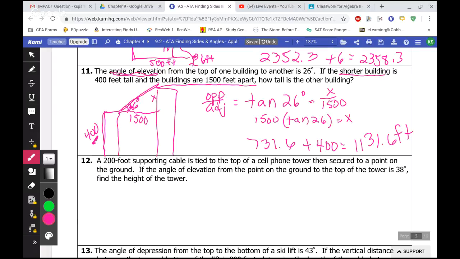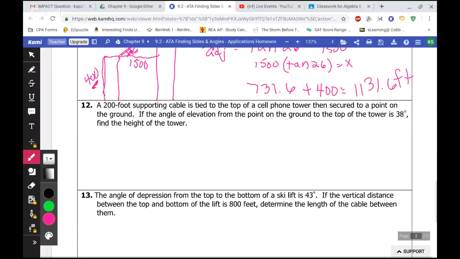All right. Well, let's talk this one out. Okay, there's a 200-foot supporting cable tied to the top of a cell phone tower, then secured to a point on the ground. So basically what that's telling us is that it starts at the top of a tower and is tied to the base of the ground.